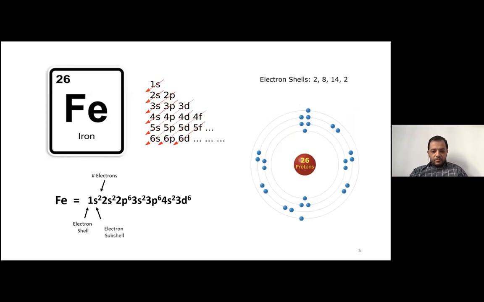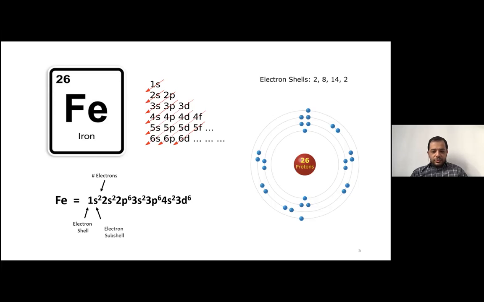Now, for example, if I were to write the electron configuration of a metallic element such as iron, which has 26 electrons, I would have to say 1s2, 2s2, 2p6, 3s2, 3p6, 4s2, and 3d6, and that's what you see here.